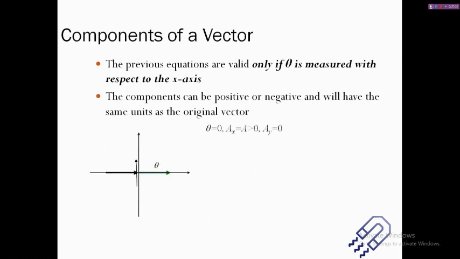It simply means that there is no y component. That means there is no displacement along the y-axis. Correct? So if there is no displacement along the y-axis, AY will become 0. Simple. Because what is AY?